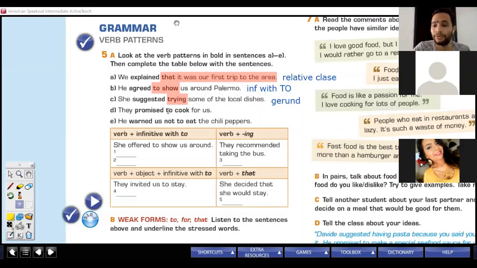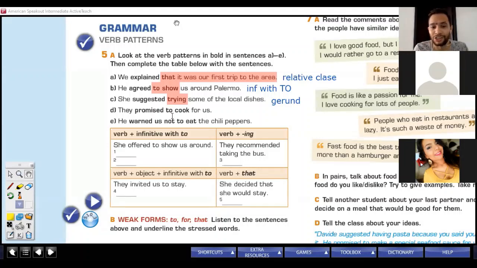Now, please don't get confused. When we use the gerund form right here, it doesn't mean that the verb or the action is in a progressive tense or in a progressive mood, right? No, it's not like this. Saying that she suggested trying some of the local dishes doesn't mean that she's doing it right now.